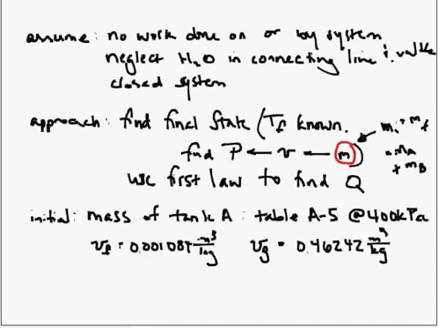So now what I can do is, just to remind you, in tank A to begin with, I have an 80% quality mixture. That means I have a mix of saturated liquid and saturated vapor. Okay, so knowing that, I can find what my average specific volume is by using this equation.